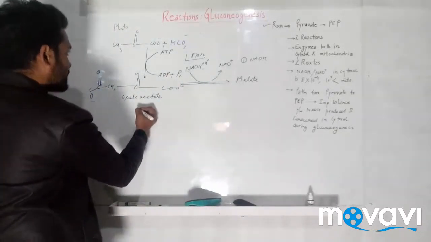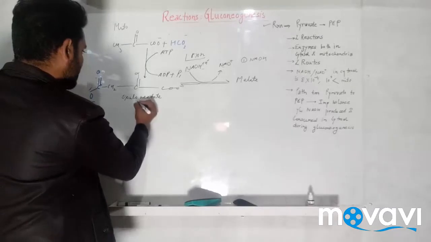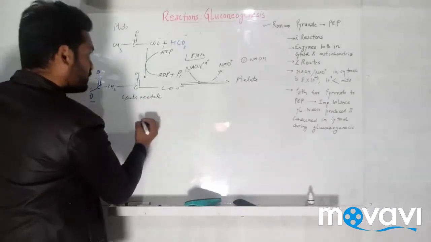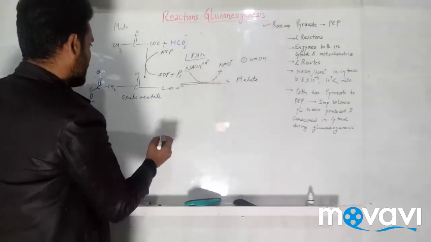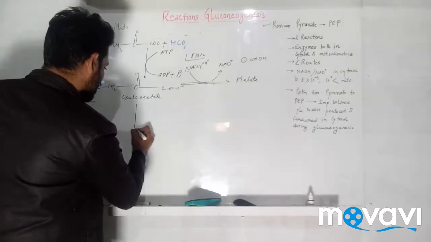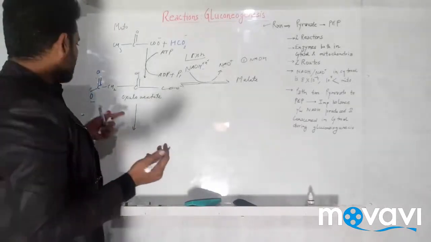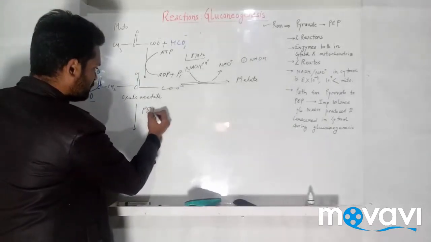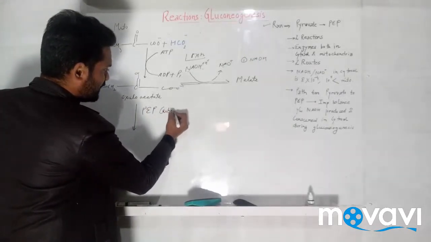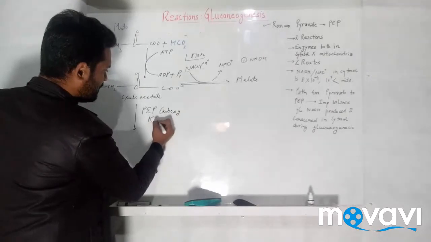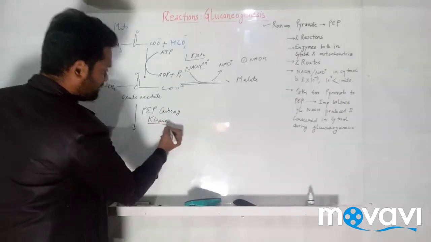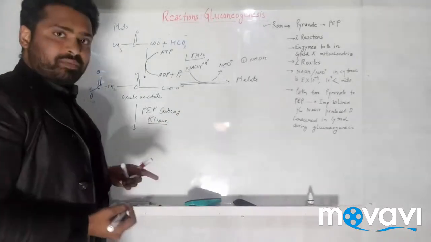So the next reaction is in the cytosol, where this oxaloacetate would be converted into our desired product, that is PEP, through the action of the enzyme. What is that enzyme? PEP carboxykinase. Now this enzyme is a kinase. So what is this enzyme going to do?